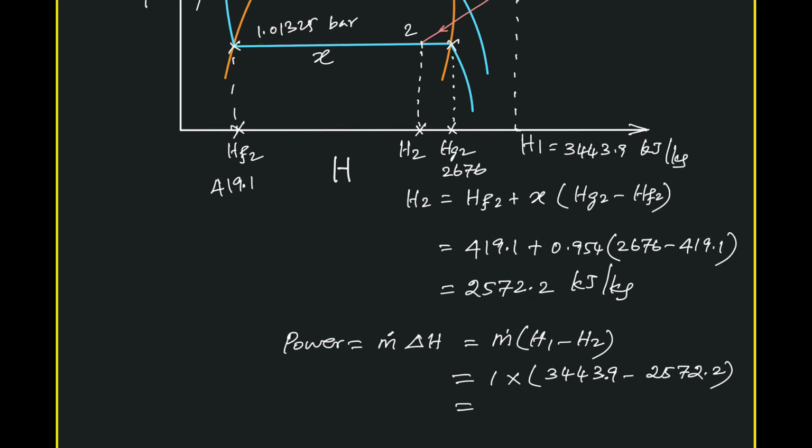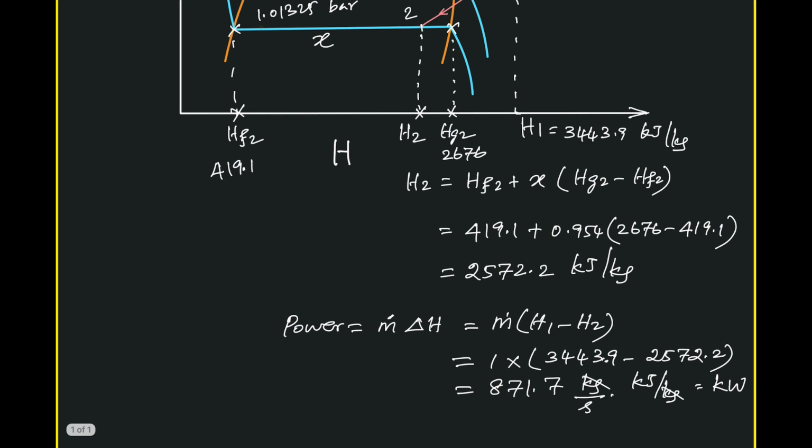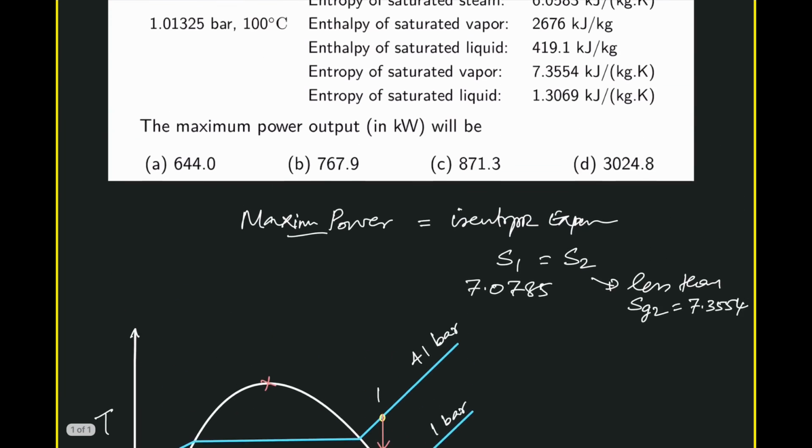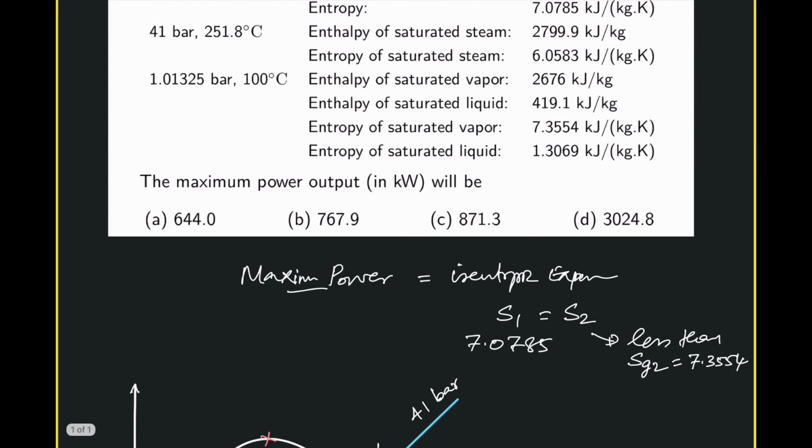Upon solving, we get 871.7. The mass is in kg per second, and the enthalpy difference is in kilojoule per kg. So kg gets cancelled, and we end up with kilojoules per second, nothing but the kilowatt unit. So 871.7 kilowatt. The nearest value among the options is the answer.